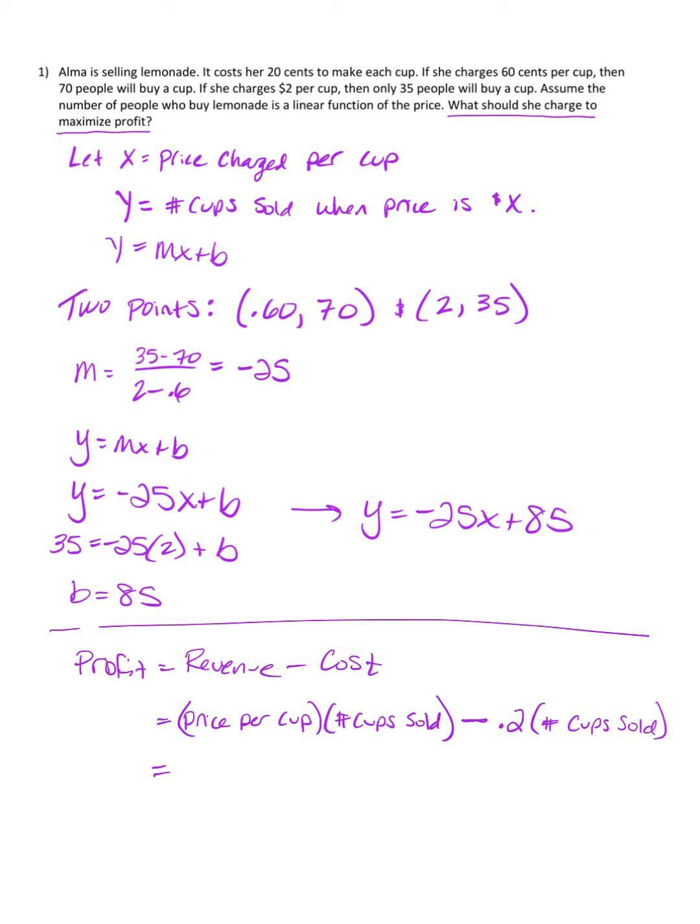Price per cup was X. Number of cups sold is Y. Minus 0.2 times the number of cups sold, Y. And then finally, I can replace these two Y's with this expression, because Y is really a function of X. So I have profit equals X times negative 25X plus 85, minus 0.2 times negative 25X plus 85.